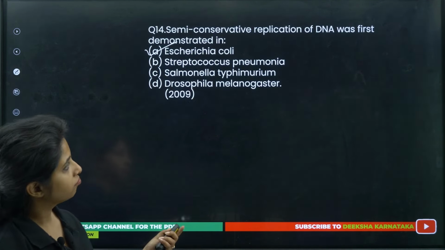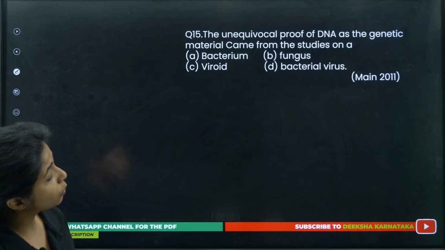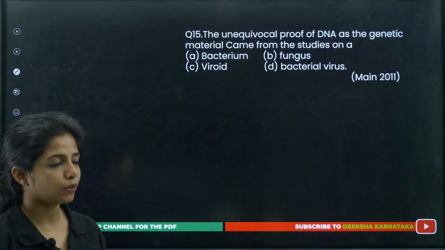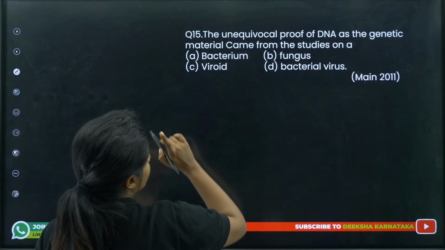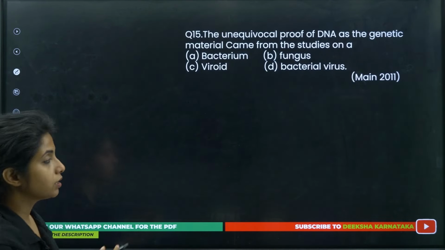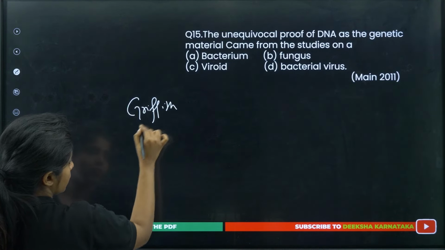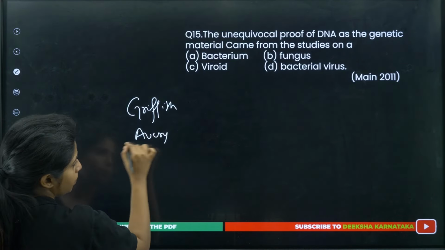Okay. Now, the unequivocal proof of DNA as genetic material came from the studies in, I repeated this question because I wanted you to remember. So, everyone said that the DNA is genetic material. The first person to come was Griffith with his experiment, then came Avery, MacLeod and people like that.